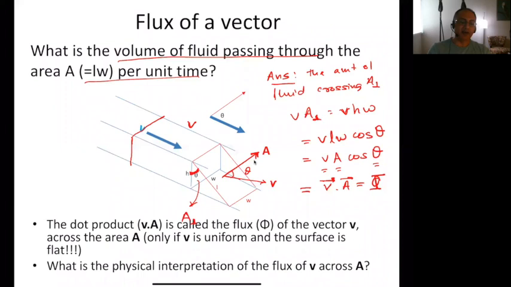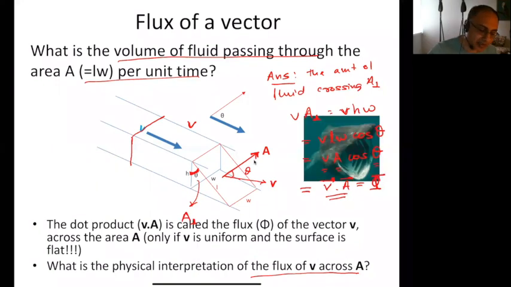In this particular context, the flux of the velocity over a certain area is simply a measure of how much fluid is crossing that area per second, because that's what we just calculated. That makes sense? So what is the physical interpretation of the flux of V across A? It is the volume of fluid that is crossing the area A every second. That makes sense to all of you? And that is the interpretation of the flux.